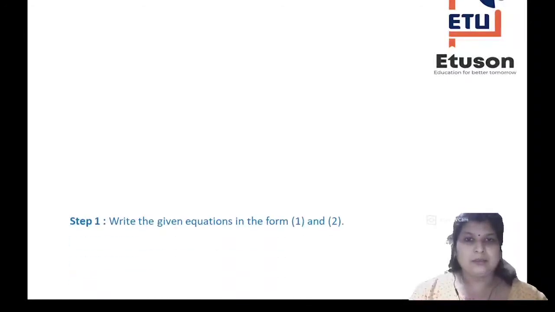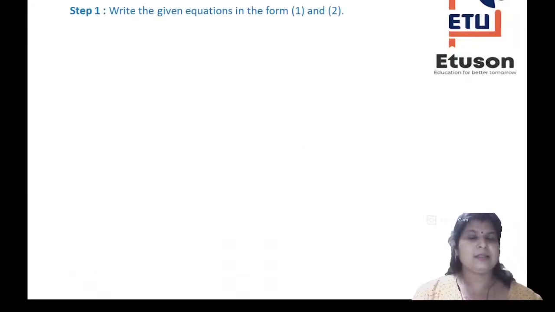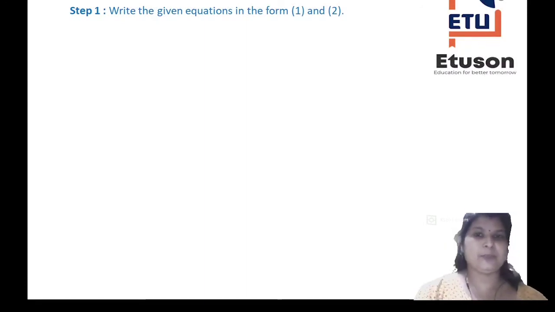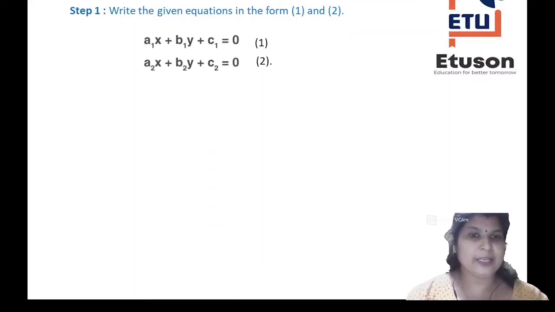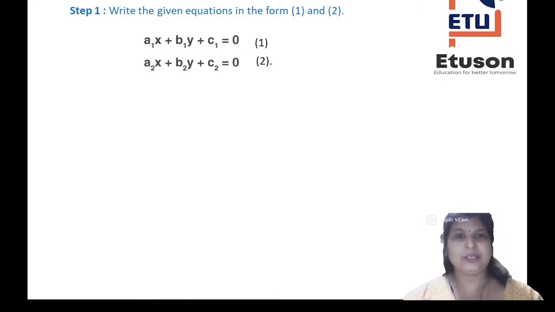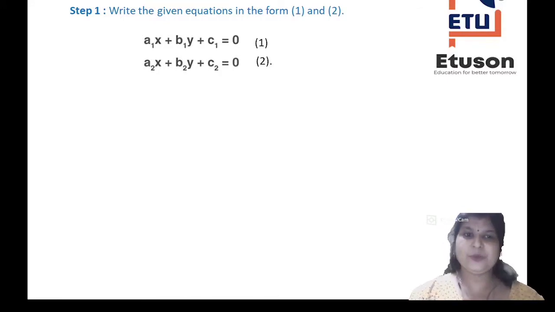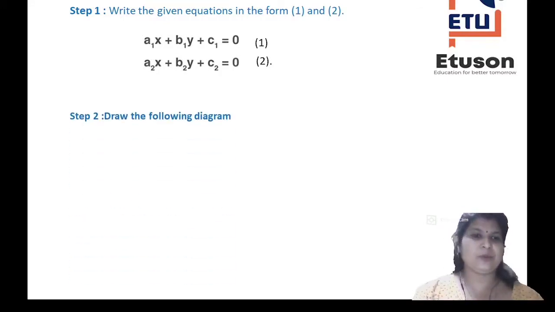Let us understand the steps of the cross multiplication method. First, write the given equations in the form 1 and 2, that is a1x plus b1y plus c1 equal to 0 and a2x plus b2y plus c2 equal to 0. Then draw the following diagram.